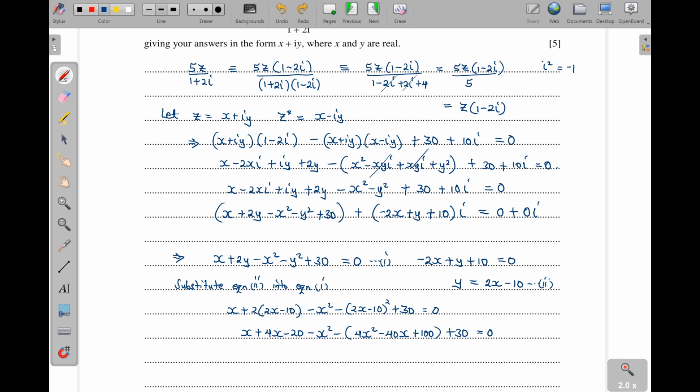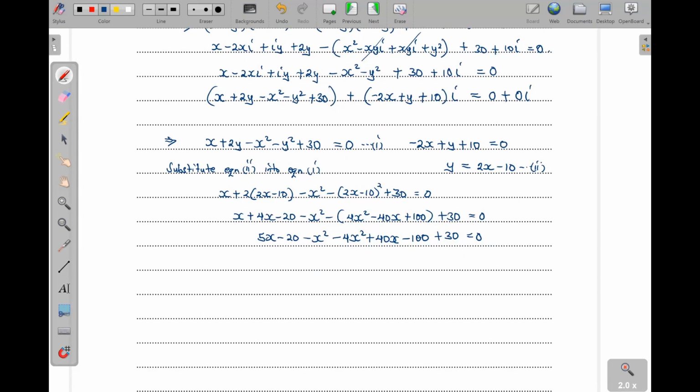This one is 5x minus 20 minus x squared. Then here, when we open the brackets, we shall have negative 4x squared, and then plus 40x, then minus 100, and then plus 30, which is equal to 0.